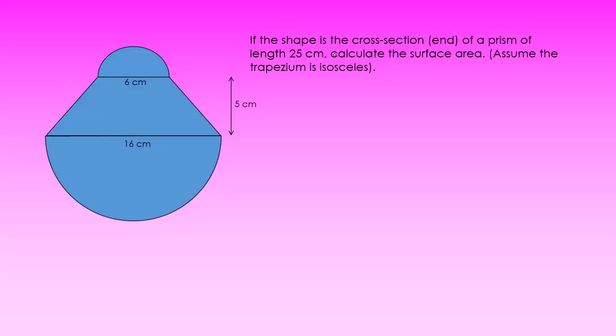If the shape is the cross-section or end of a prism of length 25 centimeters, calculate the surface area of the shape. We're going to assume the trapezium is isosceles. Now, as far as the ends are concerned, we know that those are 169.7 centimeters squared, correct to 1 decimal place.